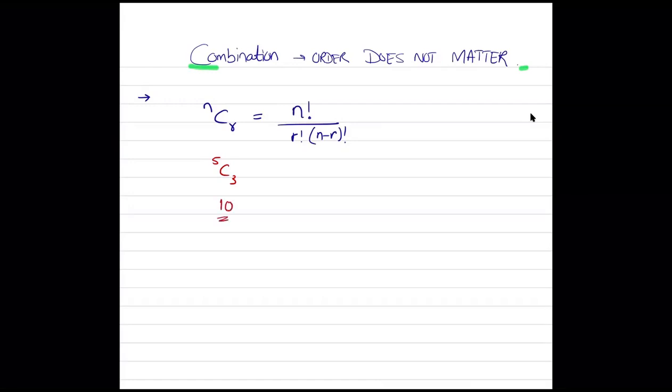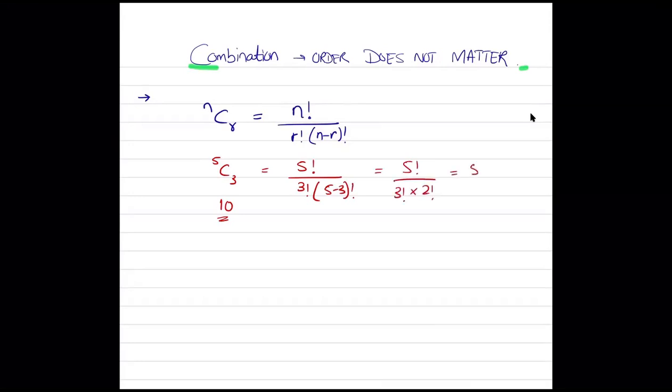Now I need to show you that using the same equation, you can also find the answer as 10. The value of n is 5, so 5 factorial divided by 3 factorial times (5 minus 3) factorial, which is 5 factorial over 3 factorial times 2 factorial.